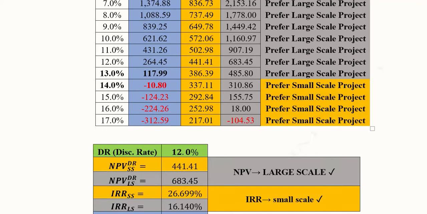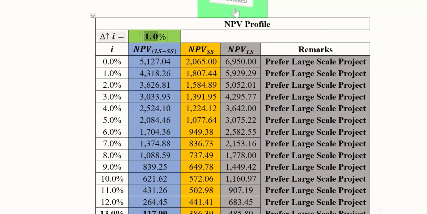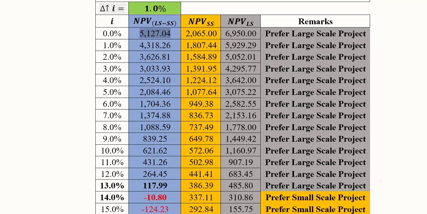We have gone up to 17%, and the NPV of the small scale and the NPV of the large scale projects are calculated, but most importantly the NPV of the difference of the two projects has been calculated. So the NPV of the difference is positive but declines as we increase the discount rate, which is quite natural, since an increase in the discount rate decreases the net benefits.